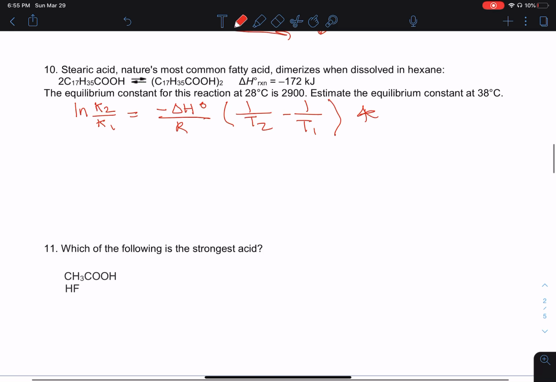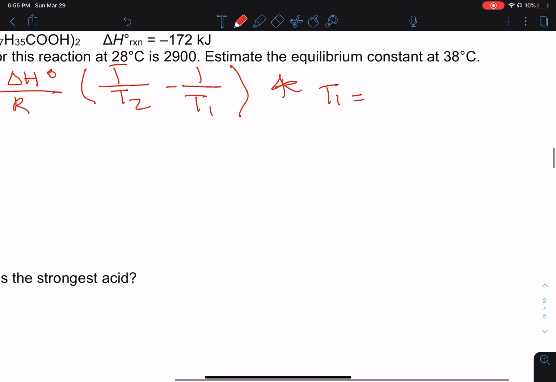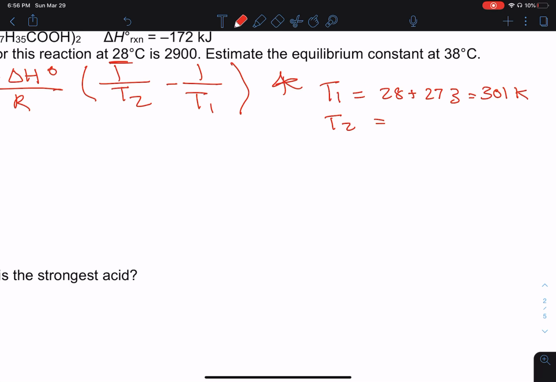T1 is right here. It's 28 plus 273, which is equal to 301 K. So T2 is asking at 38 degrees Celsius, and that is 38 plus 273, which is 311 kelvins.